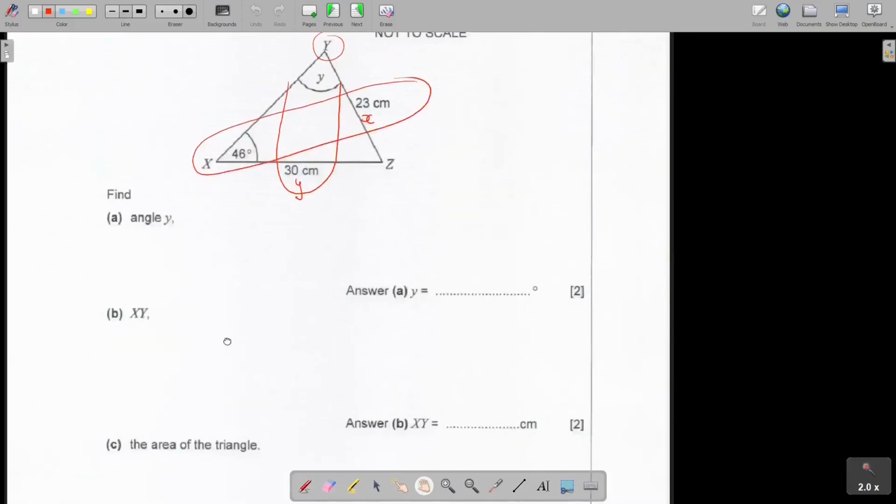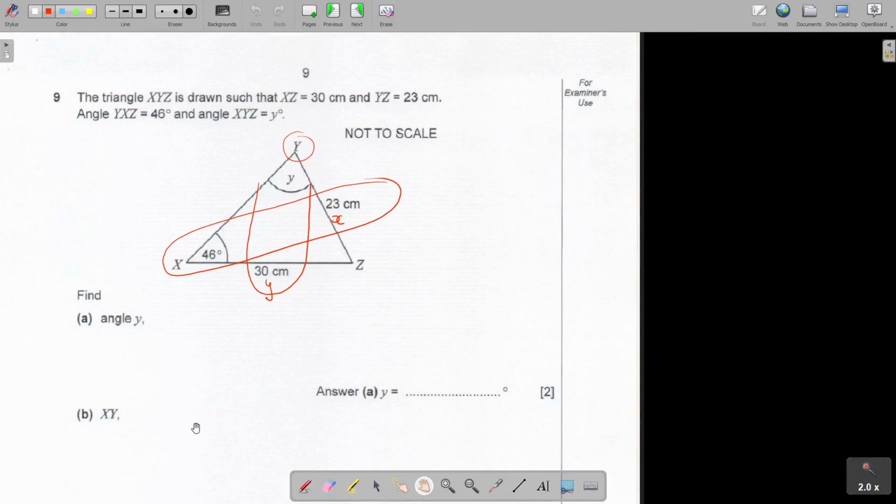Okay. Now, so it's y, and you can work with that y also. Because it's y, the unknown, I'm going to say sin y, keep it y, over 30, because it's that part, okay, equals, now you must put this angle also on top, 46 degrees over that side, 23.